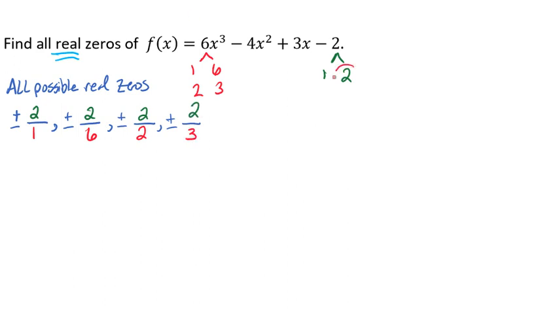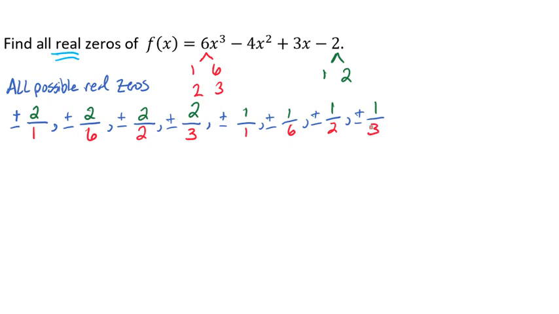So notice that the 2 went with each of the factors for 6. Now we have to do all of the 1s as well. So we also have plus or minus 1 over 1, plus or minus 1 over 6, plus or minus 1 over 2, and lastly, plus or minus 1 over 3.